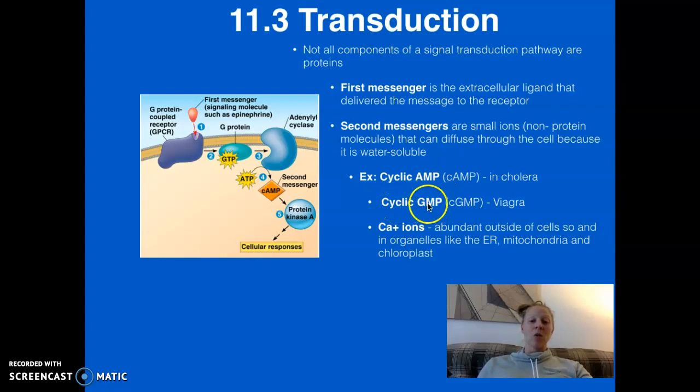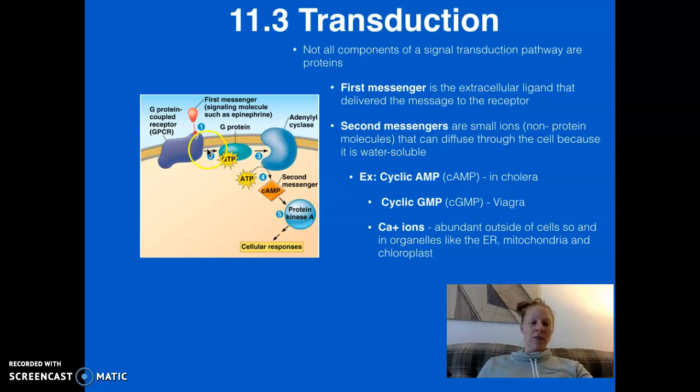Again, for cyclic guanosine monophosphate, we're going to look at the effects of that in Viagra. And finally, we're going to look at calcium ions. They're abundant on the outside of cells and in organelles such as the ER, the endoplasmic reticulum, the mitochondria, and the chloroplast. They're not very abundant in the cytosol.